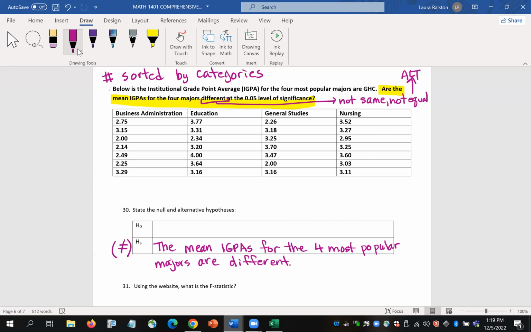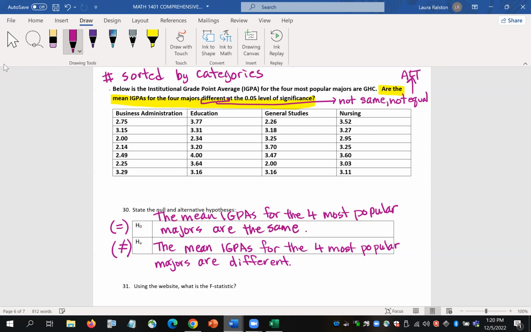The null then would have to imply that they're equal. So we would say the mean IGPAs for the 4 most popular majors are the same.